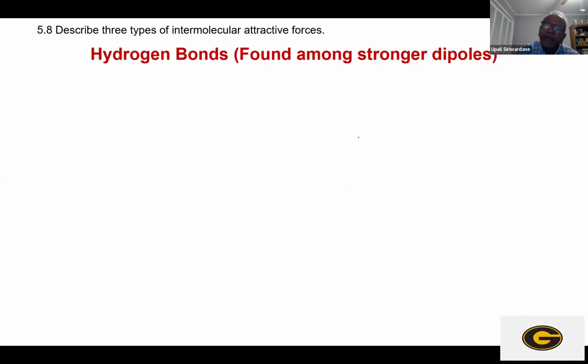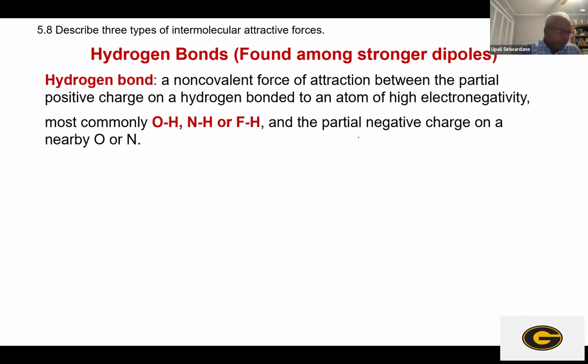Hydrogen bonding is the strongest attraction between the strongest dipoles. These three dipoles: electronegativity is the highest here. Therefore, this is the strongest. Then the next electronegativity is oxygen and nitrogen.